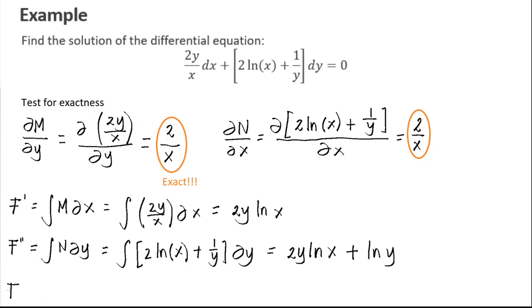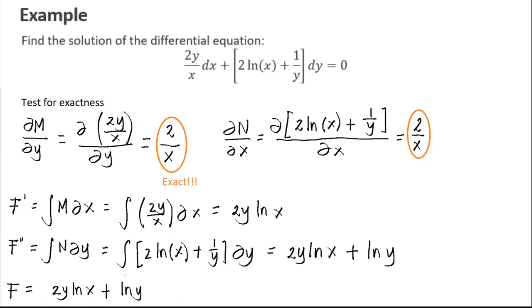Our f would be equal to 2y ln x. You write 2y ln x. Then that is our f prime, and our f prime prime is also 2y ln x, but there is a plus ny. So I'll just add 1 here, plus ny. Okay?